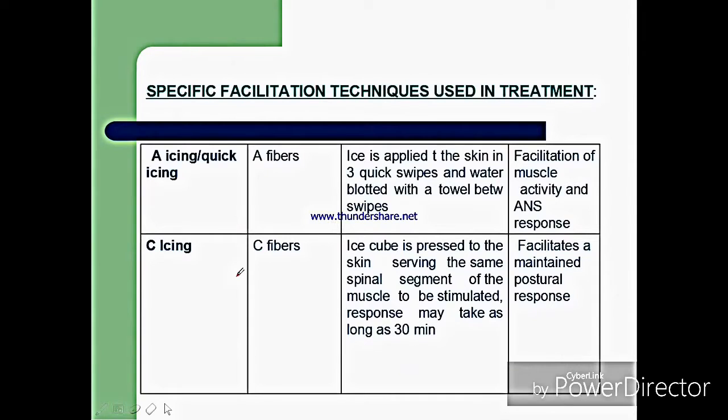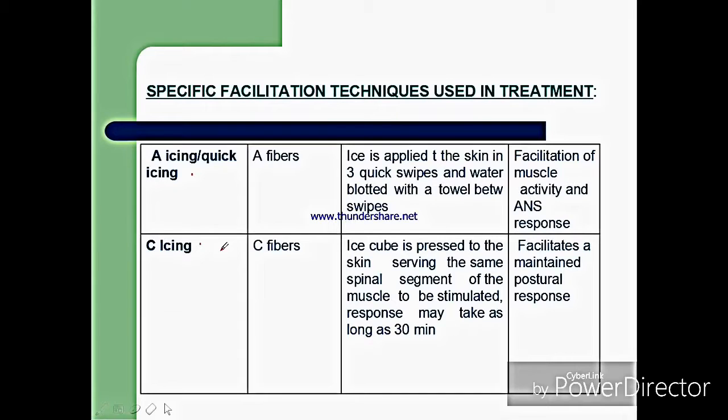Then the second facilitatory technique, which is easy to remember, is thermal facilitation or icing. It includes two types of icing. First is the C icing, second is the A icing. Same effect as brushing and stroking. Icing is administered by the use of a plastic popsicle mold, which allows the therapist to hold the ice.